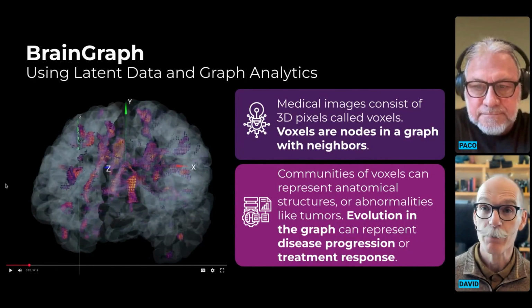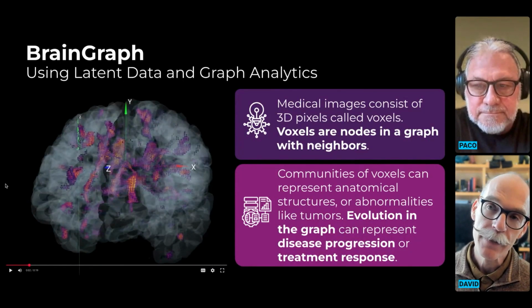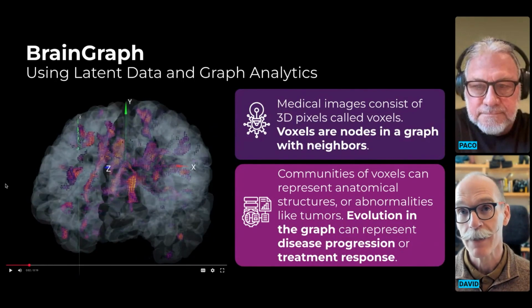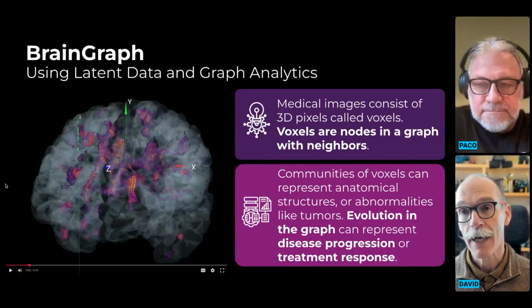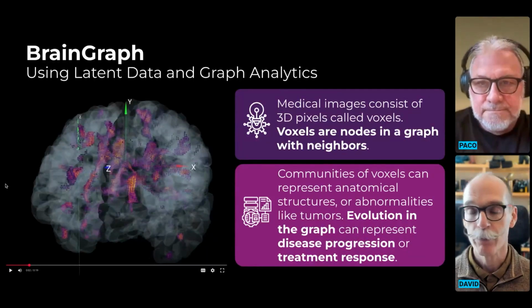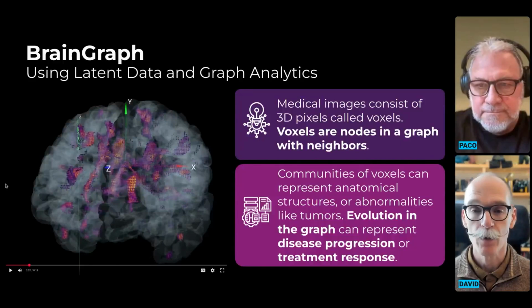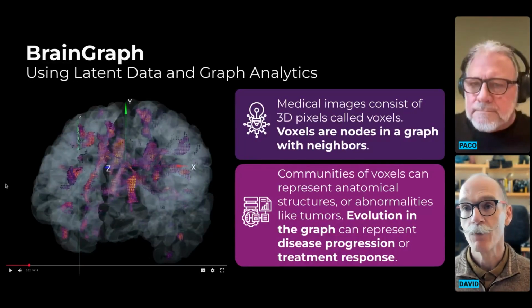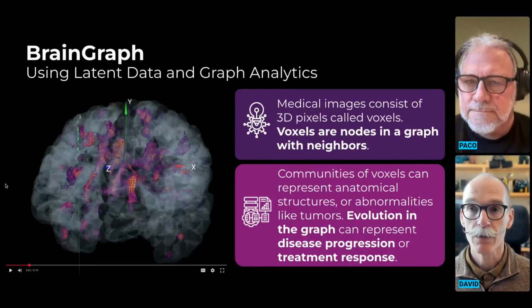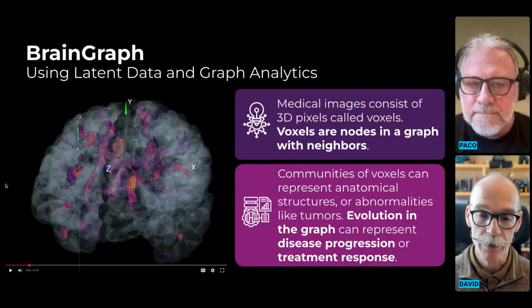How bright was this pixel? Now with intensity, I can start to do community detection and analytics, and I can say, aha, now I'm looking at a tumor, a lesion, and that can be in a brain, it could be in some other organ. But I now also have metadata that says this community is adjacent to this particular neuroanatomical structure in this use case.